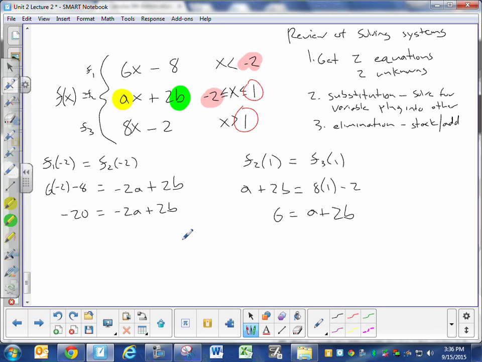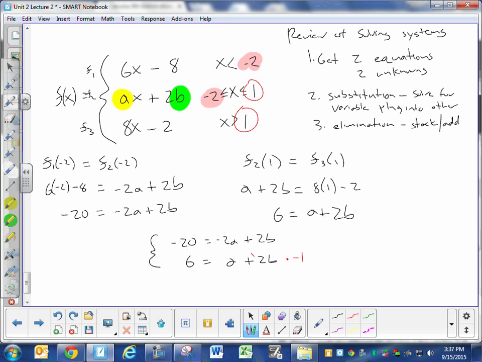Stack and add. We have two equations. If they are correct equations and they are legitimate, you can add equations together and they will stay legitimate. So I have negative 20 equals negative 2a plus 2b, and I have 6 is equal to a plus 2b. Here are my equations stacked. Now what I will do is I'll multiply one or both of my equations by a number to create opposites.